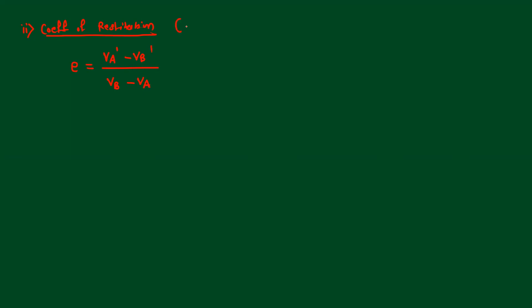As it is the elastic impact, which is case 1, E is equal to 1. So 1 is equal to VA dash minus VB dash divided by VB minus VA.